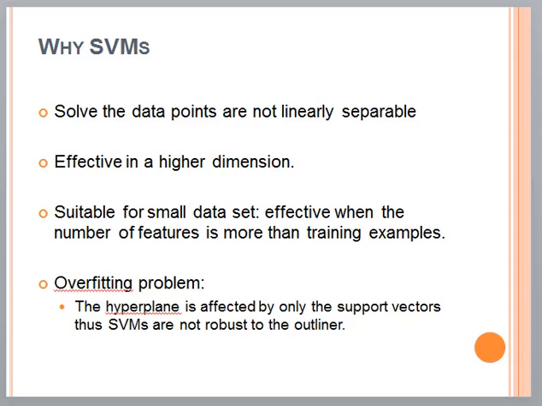So in the overfitting problem, the hyperplane is affected only by the support vectors, thus SVMs are not robust to outliers, right? We also saw this with the help of an example, how our SVM is not robust when we have different kinds of outliers present in our data set.